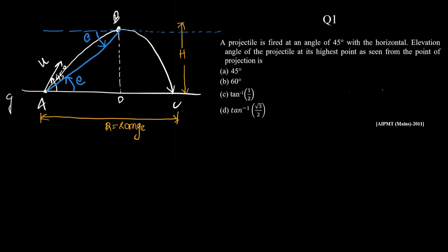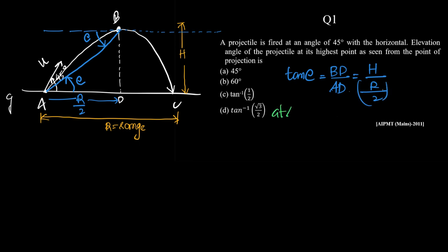So from the figure we can say that tan E is equal to BD by AD, which is equal to H by AD, which we know is R by 2, right? So H by R by 2. Now at 45 degrees, what is the relationship between H and R?